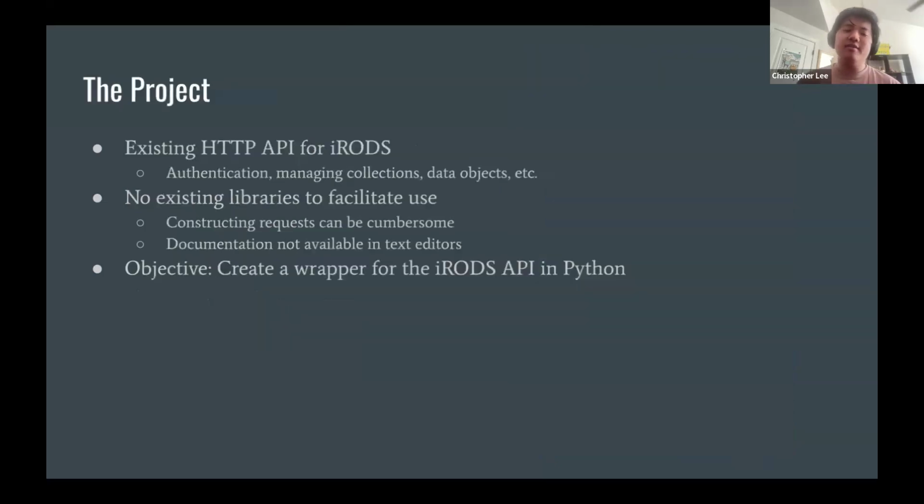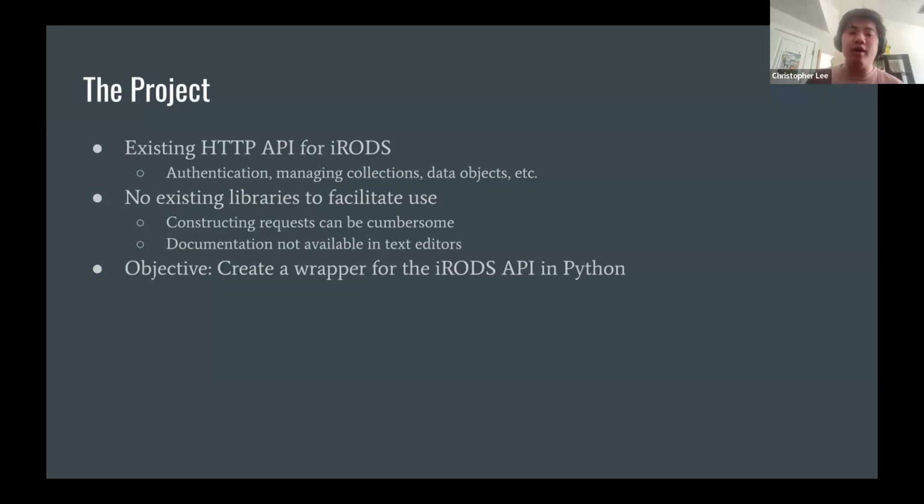And the project this summer, as you heard, was a Python wrapper for the existing HTTP API for iRODS. So as I'm sure many of you are aware, there is an HTTP API for iRODS, and you can do a lot of things with this. You can authenticate users, and you can manage things like collections and data objects, creating, deleting, and reading and writing, all sorts of things.